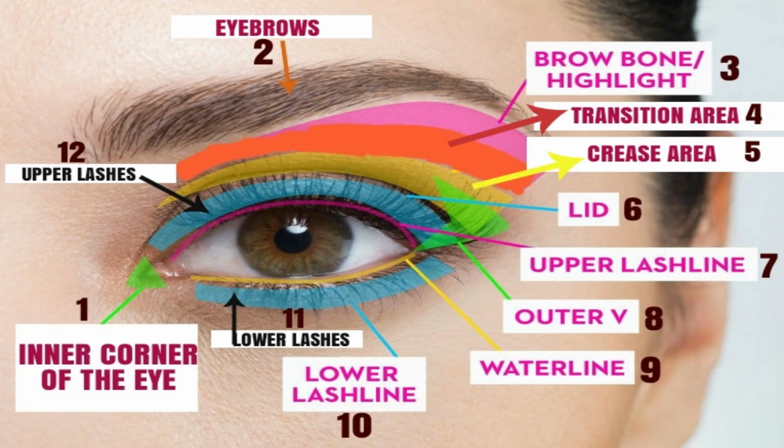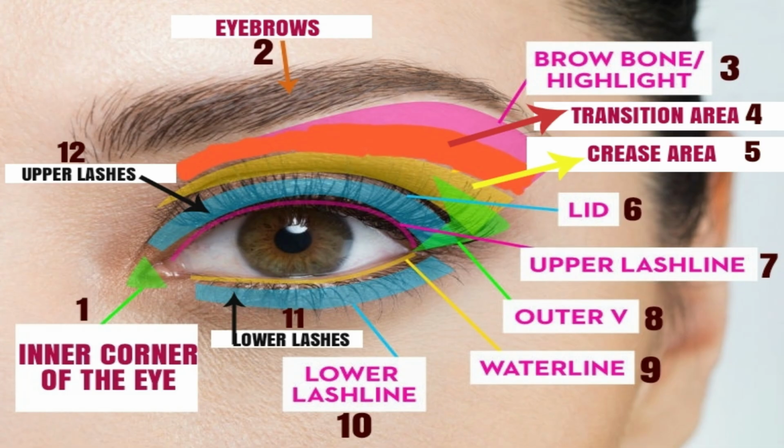So number 1 part of the eye, you can see where you have that green triangle. You are seeing number 1. That is called the inner corner of the eye. So whenever I say this shadow should go in the inner corner of the eye, that is the area I am referring to. Now we are going to go over to number 2 at the top of the picture.